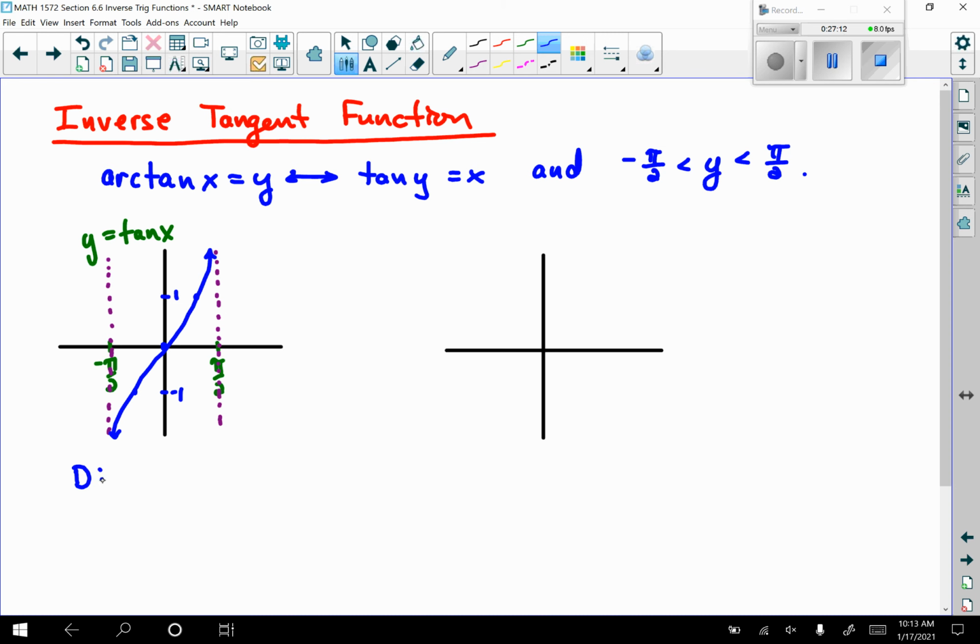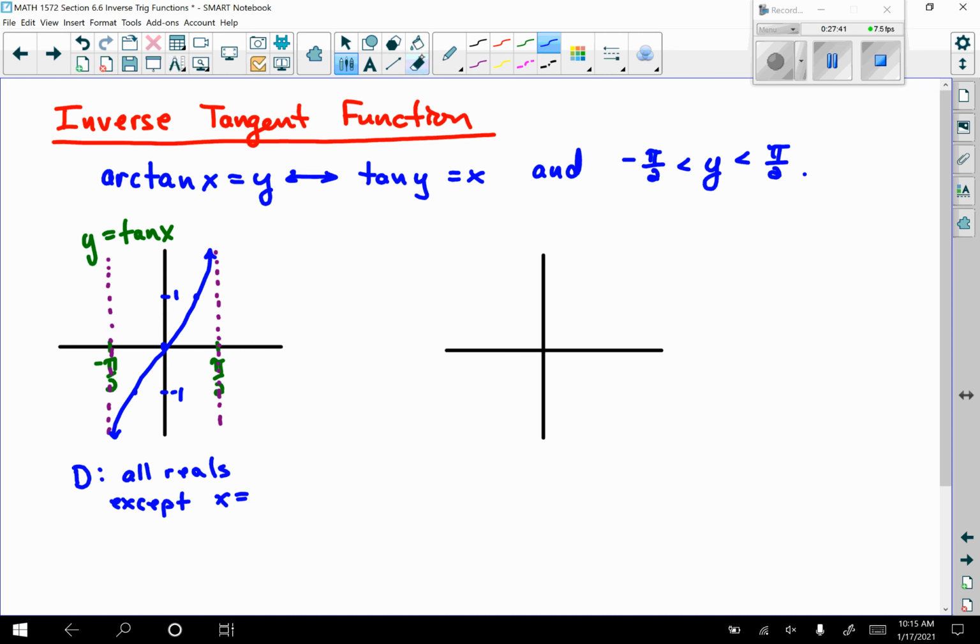So here the domain is really going to be all real numbers except these pi over 2 values. We'll just say all reals except x equals pi over 2, 3 pi over 2.